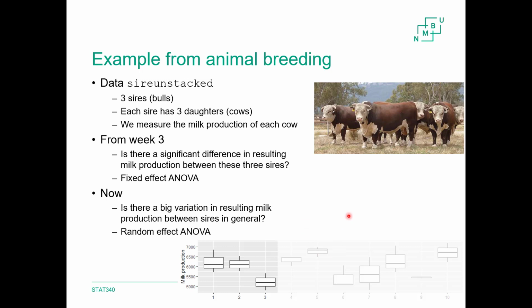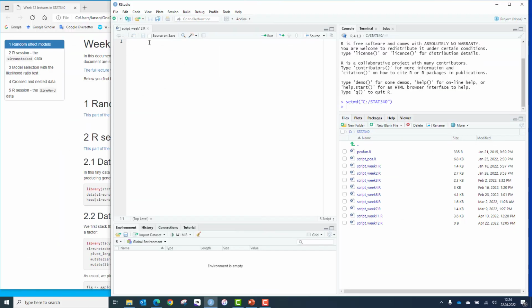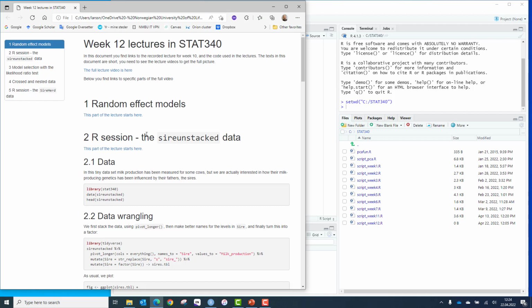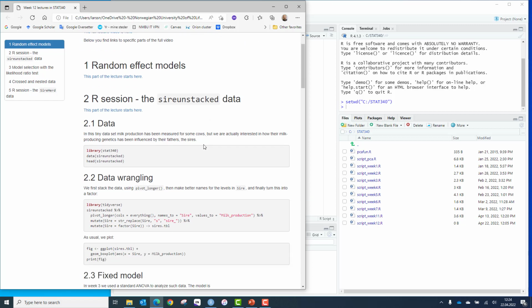Let's go and have a look in R at this data set and fit some models to see the differences. So here we are now in RStudio. I have created a new empty script for week 12 and stored it in my STAT340 folder. Now I'm ready to do some R. Let's go to this lecture document and look at section 2, the sire and stacked data.